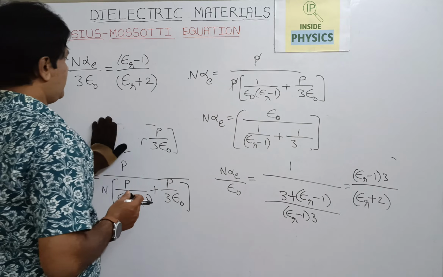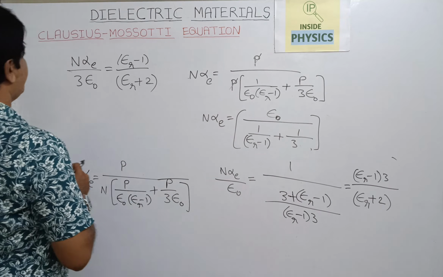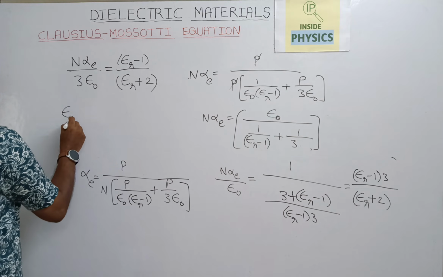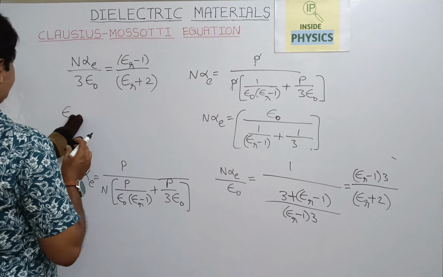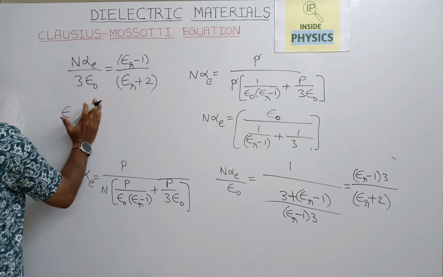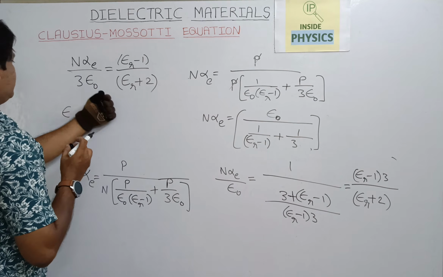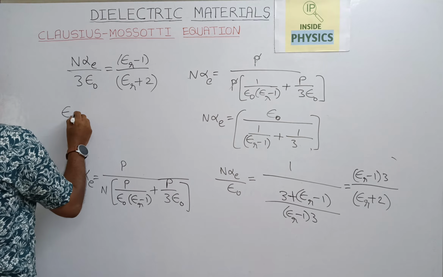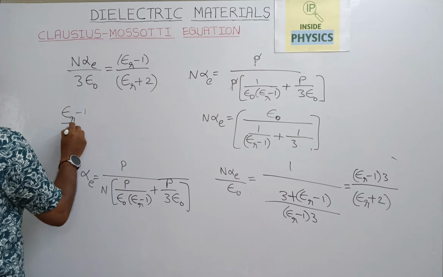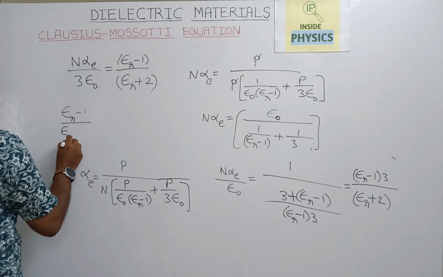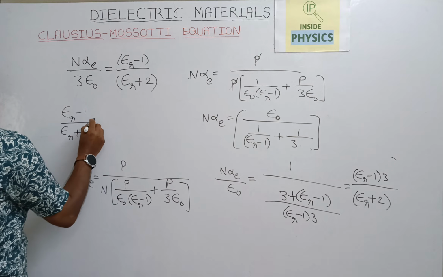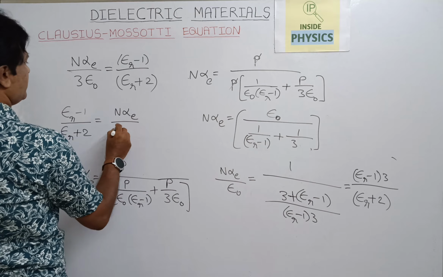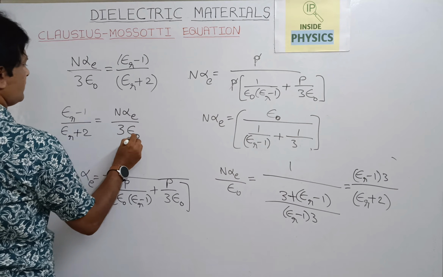This is what the Clausius Mossotti equation will be. So we can finally write the equation as epsilon r minus 1 by epsilon r plus 2 is equal to N alpha e by 3 epsilon naught.